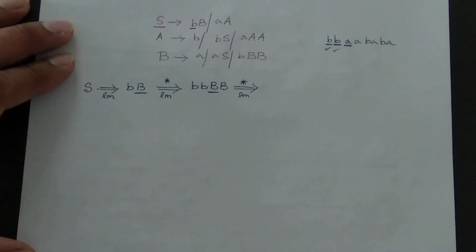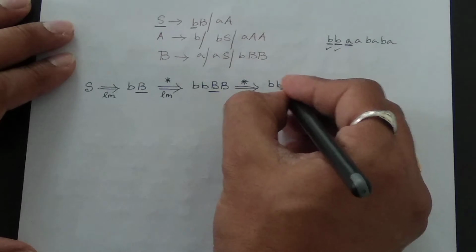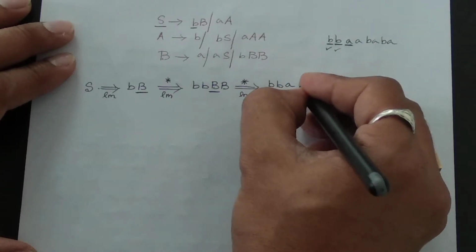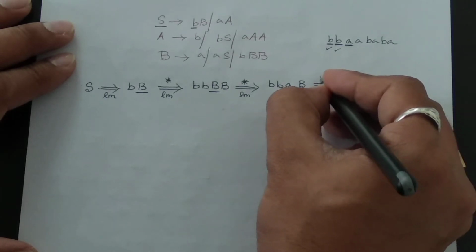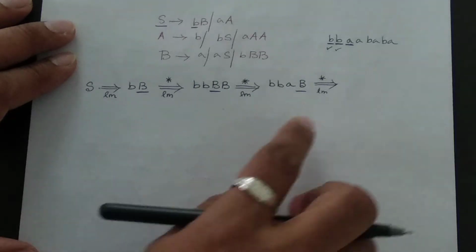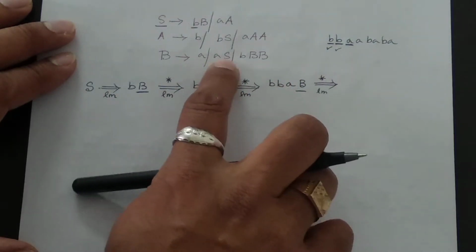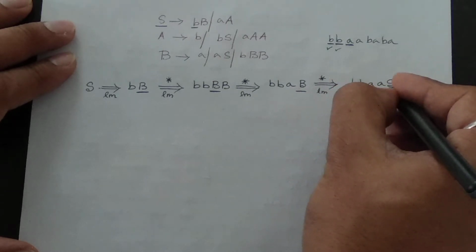It depends on you which one you want to carry forward. Suppose I take the production with small letter a. So b b, small a, and capital B. Now you are left with only one B, so no need to worry. I have to replace it with aS. So definitely b b a a S.